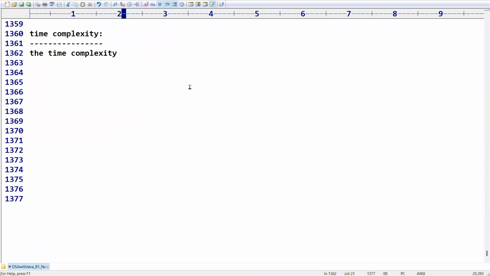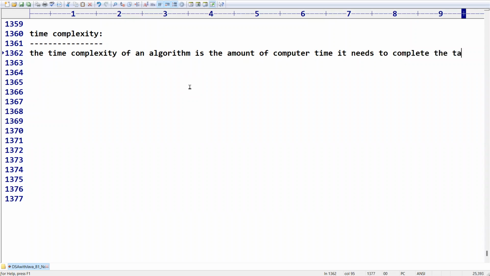So the time complexity of an algorithm is the amount of computer time it needs to complete the task. How much time is required to finish this task?